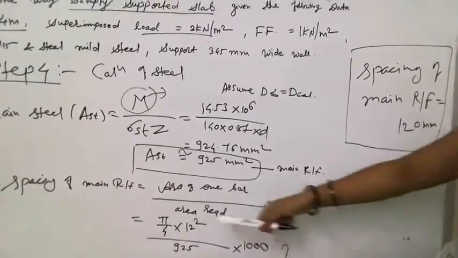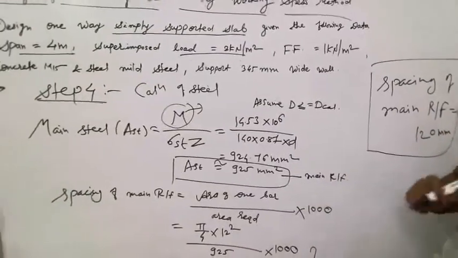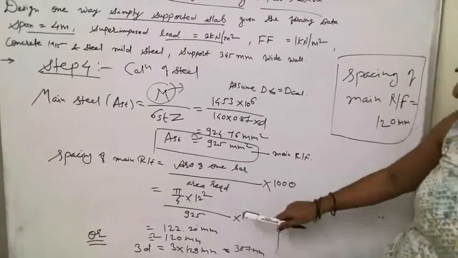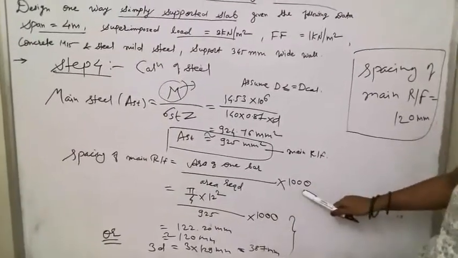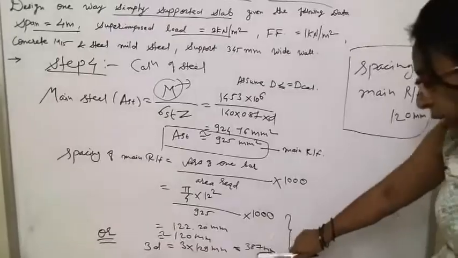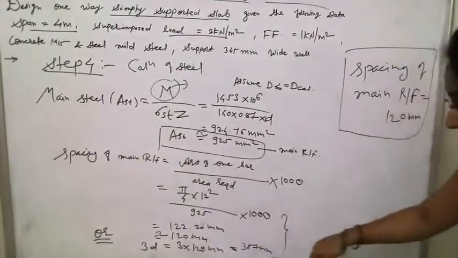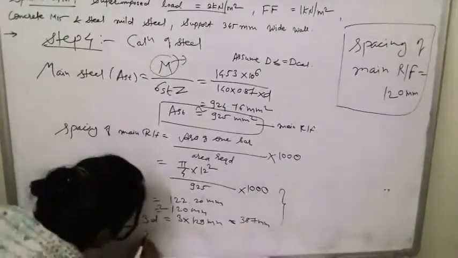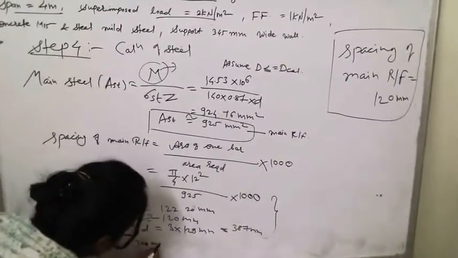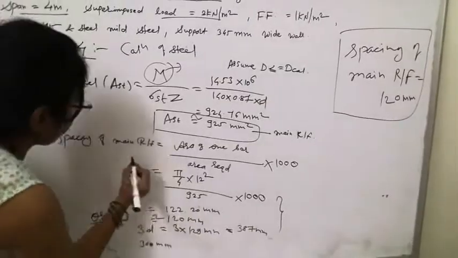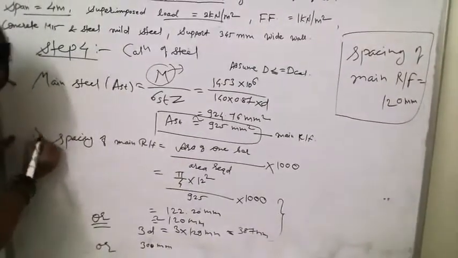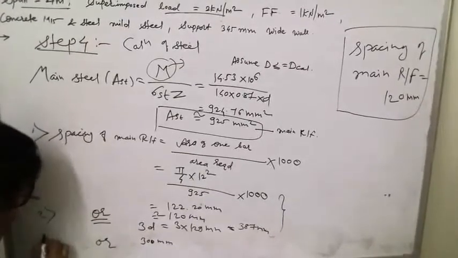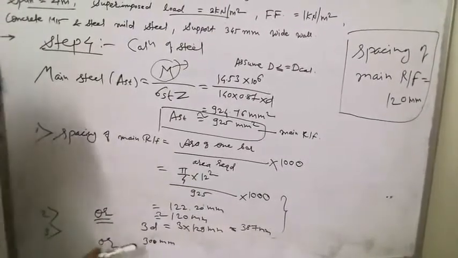What is the spacing of main bars? We have to use the first formula, area of one bar divided by area required into 1000, or 3D, or 300 mm. This one is first, spacing of main bar, second 3D, and third 300 mm.